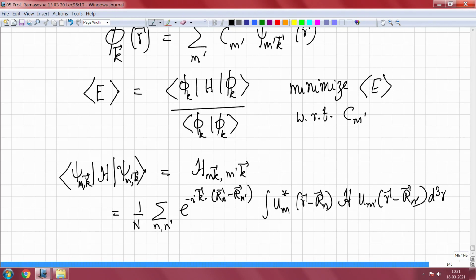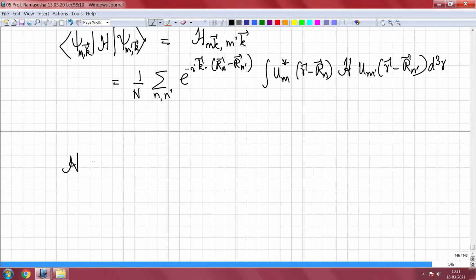So, this is what we are going to get, and we will simplify this a little more just as we did before. The Hamiltonian is equal to H naught plus the sum over n not equal to 0 of V of r minus R n.